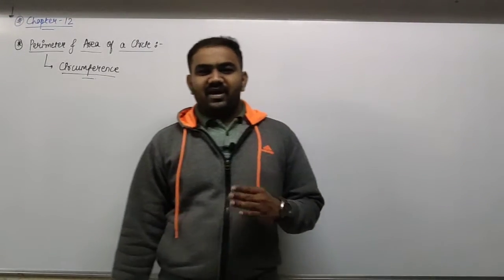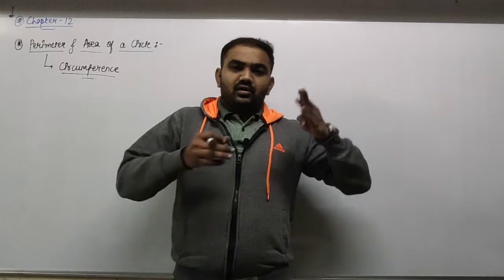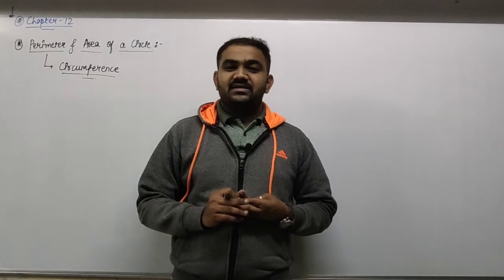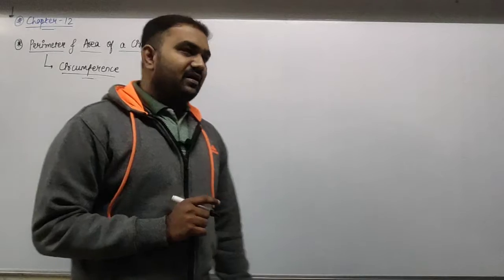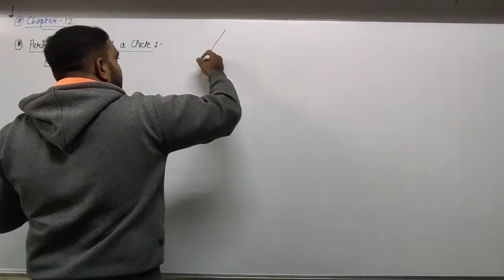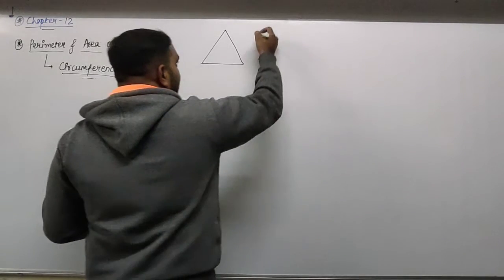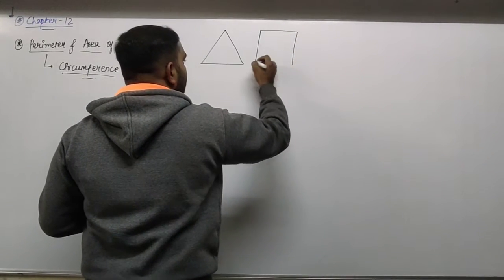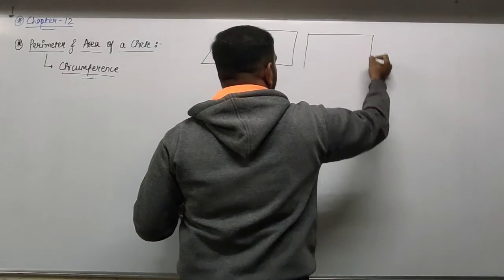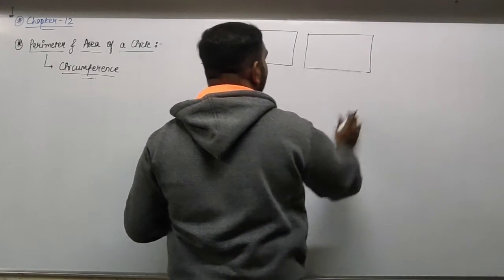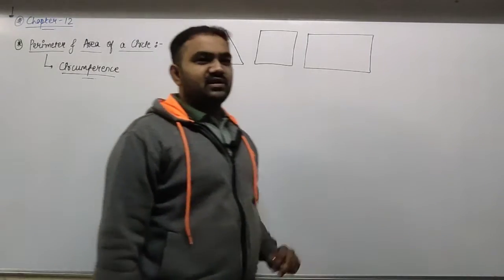Right? Where do we use the word perimeter? Perimeter we use for closed figures having vertices. A circle is a closed figure but it doesn't have any vertices. Whereas for a triangle we get a perimeter, for a square we get a perimeter, a rectangle too. All of these have perimeters. We can't say we are going to find the circumference of a triangle, the circumference of a square, the circumference of a rectangle.